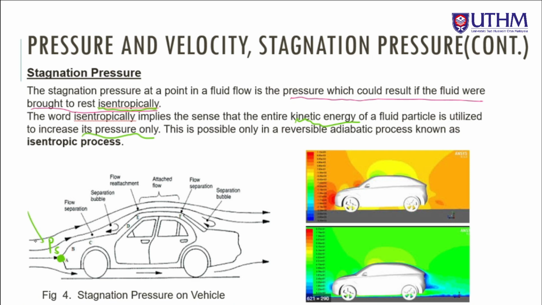That is why at this point PS is max, because all the kinetic energy from the flow before impact has been converted to pressure. That is why the kinetic energy part, V squared over 2 in Bernoulli, has been converted to stagnation pressure. As we say, energy cannot be destroyed, but it can be converted into other energy. That is Newton's law. This is possible only in a reversible adiabatic process known as the isentropic process.